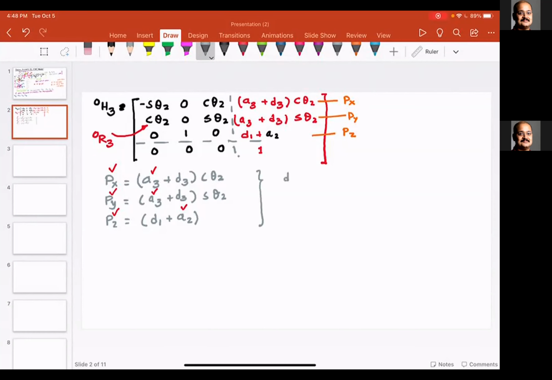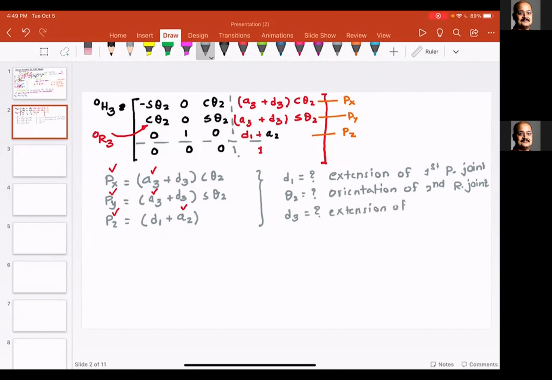I need to find the value of D1, which is the extension of the first prismatic joint; then theta 2, which is the orientation of the second joint, a revolute joint; and then D3, which is the extension of the third prismatic joint.